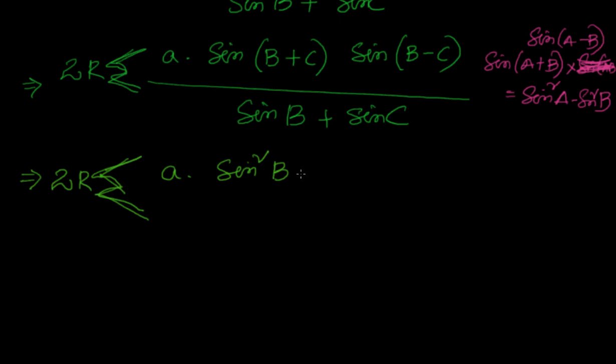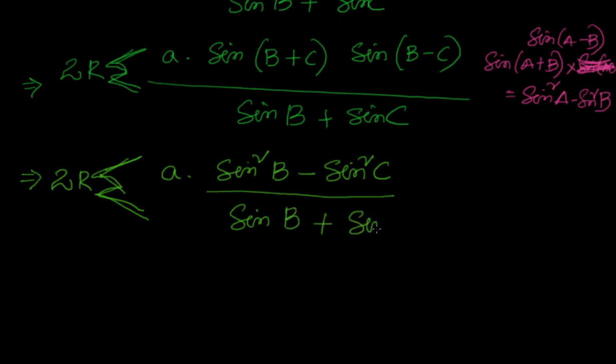Now I cannot simplify this, but if I convert it back into sides into small b, if I am able to do, I should be able to get it. So I will write sine of b is nothing but equal to b by 2r and sine of c equal to c by 2r. Can I write that? Yes.